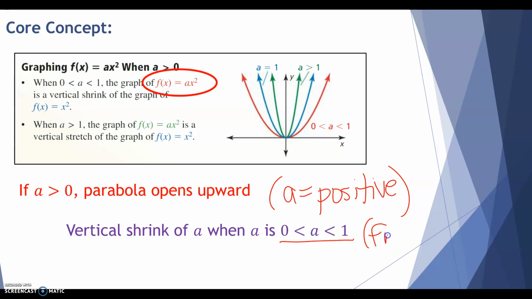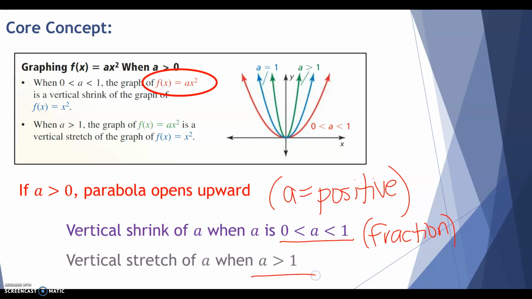So pretty much when it is a fraction, okay? So that would be it opens wider, so that would be the red one. And then a vertical stretch when A is greater than 1, that would be your green one because it stretched it, okay? So again, you might need to refer back to this when you do your homework.